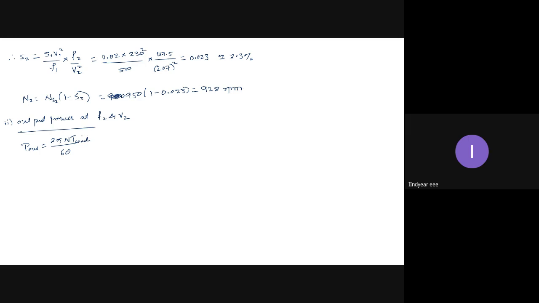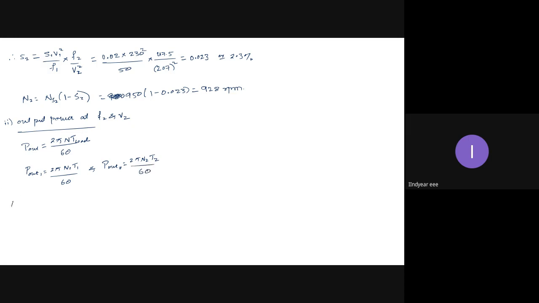Now for the two cases, P out 1 is equals to 2 pi N1 into T1 divided by 60, and P out 2 is equals to 2 pi N2 into T2 divided by 60.